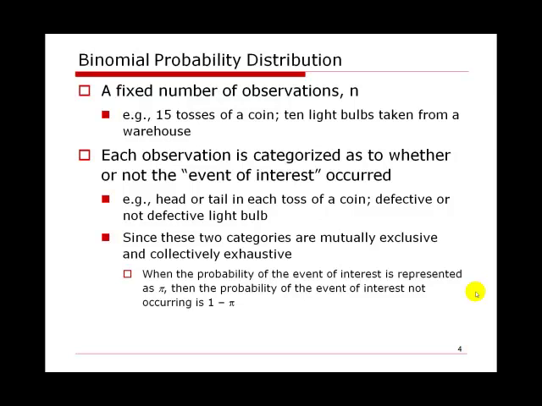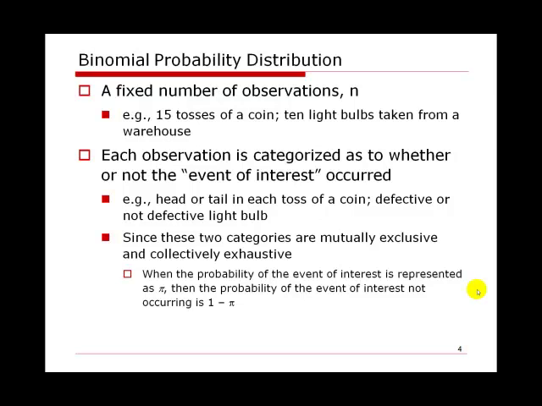Or take a look at the previous example about the survey result. Then the number of respondents we collected is the fixed number of observations. So for binomial distribution, first we have a fixed number of observations, and usually it is denoted as n.